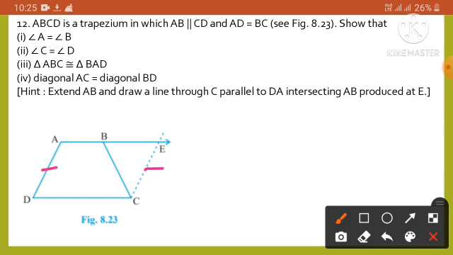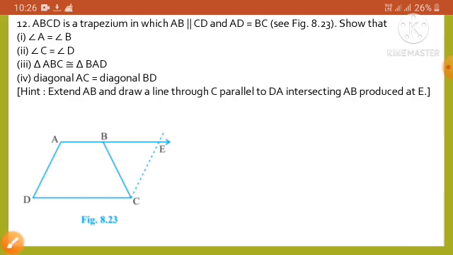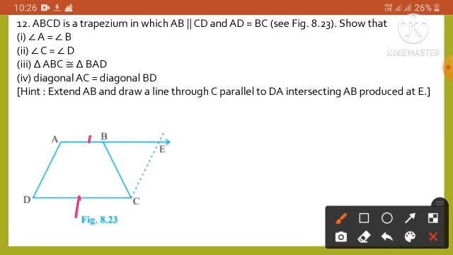As AB parallel to DC, so AE parallel to DC, and also AD parallel to CE. So AECD is a parallelogram.